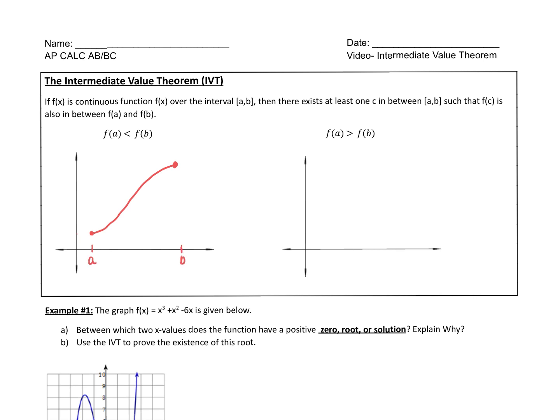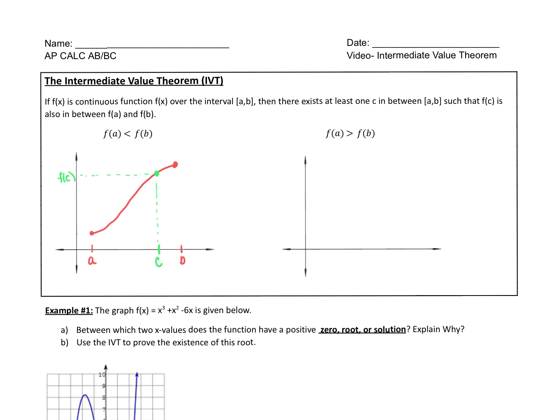So what the theorem states is that there's going to be a c value in between a and b. So I'm going to put the c here. It doesn't have to be in the middle. It's just that there is a value c in between a and b such that f of c, so that just means the y value when I'm at the curve, right? So f of c is the y value when x is c.